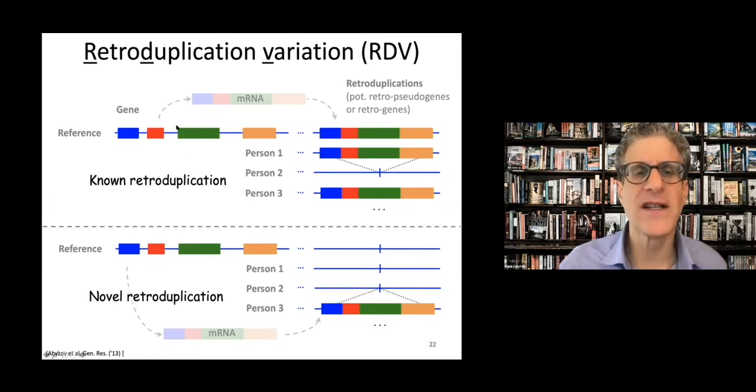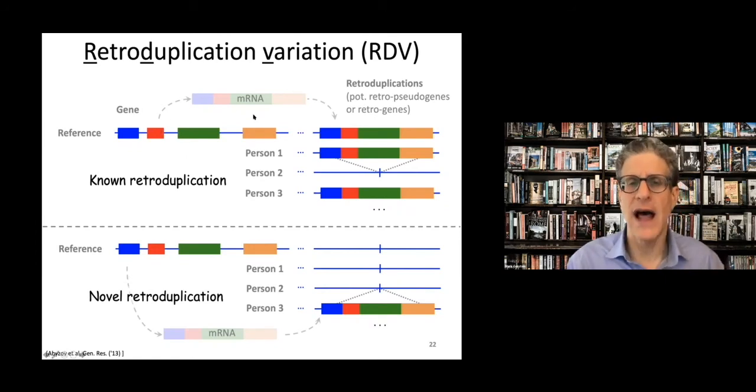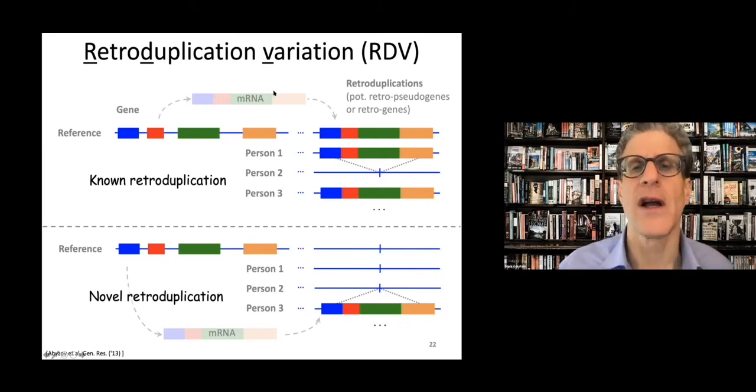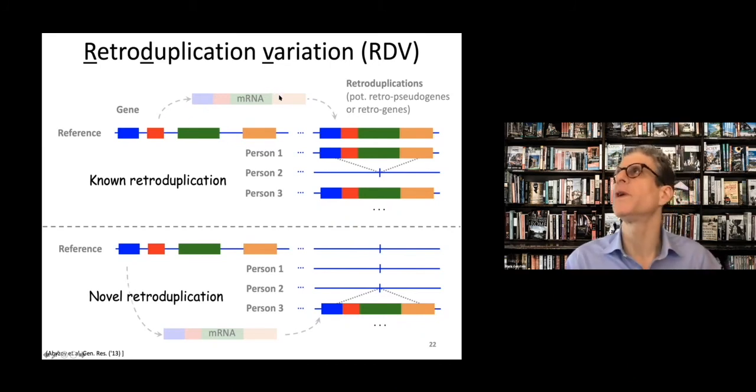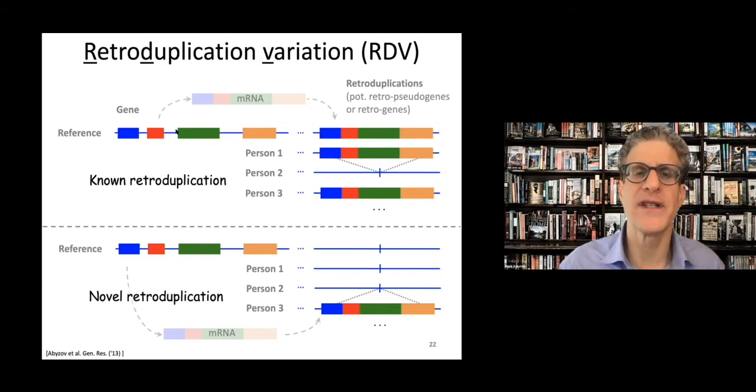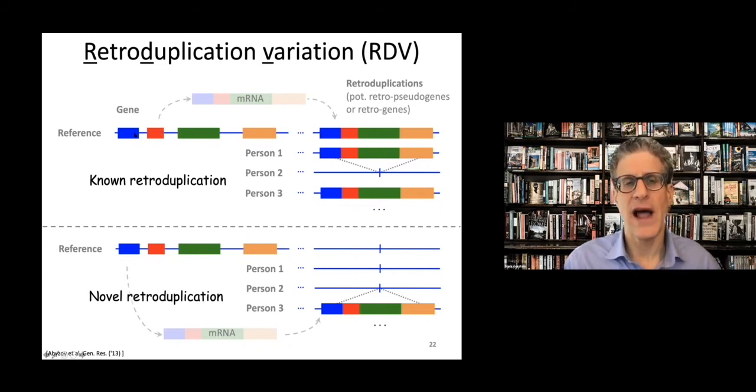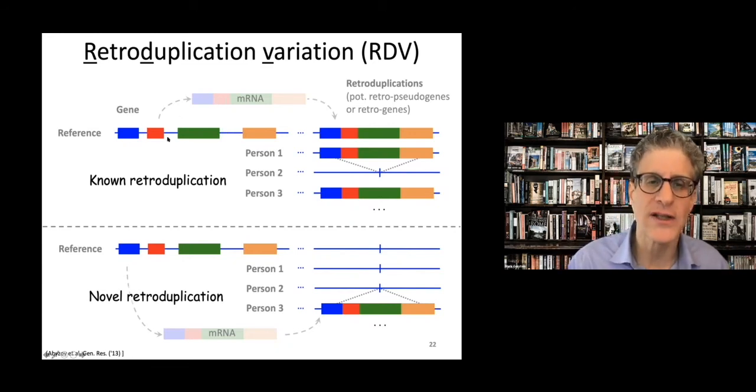Basically the idea is that a lot of the variation we have in our genome comes about through what's called retroduplications. What happens here is you have a gene in the genome. The gene is transcribed. It's spliced, so that means all of the introns are taken out of the gene.